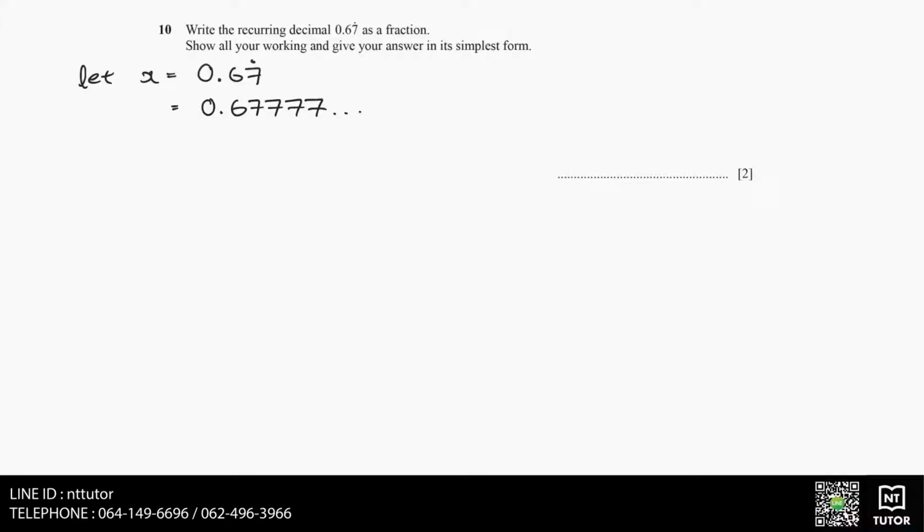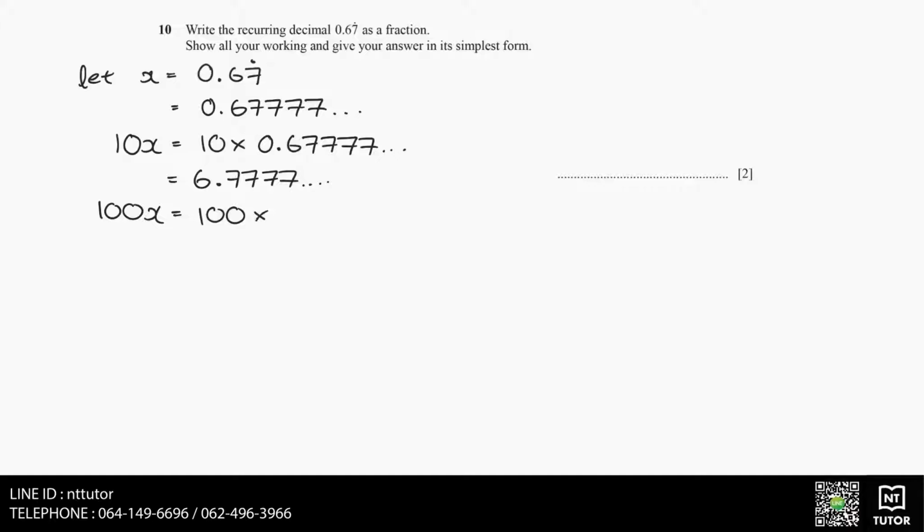Then if we multiply x by 10 to get 10x, 10x should equal 10 multiplied by 0.67 recurring, which equals 6.7 recurring. We then multiply the x by 100 to get 100x, and 100x should equal 100 multiplied by 0.67 recurring, which equals 67.7 recurring.